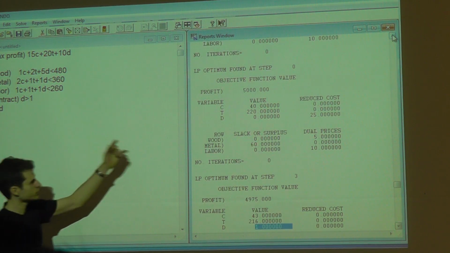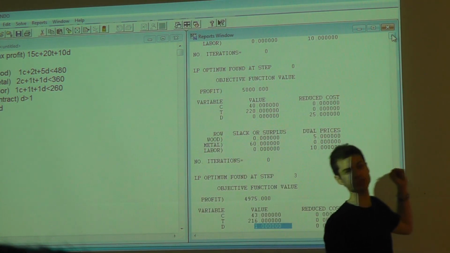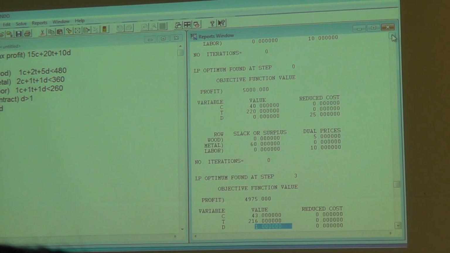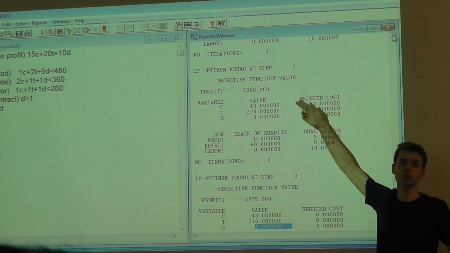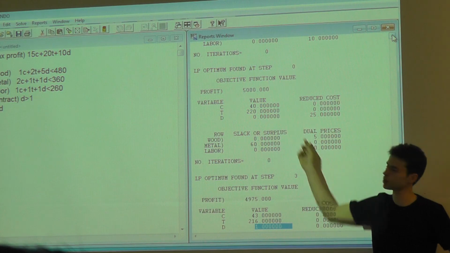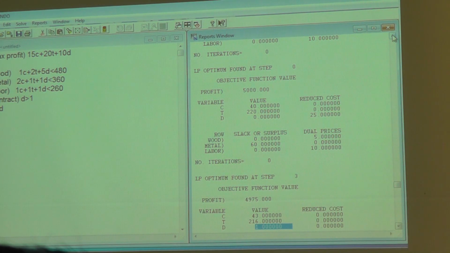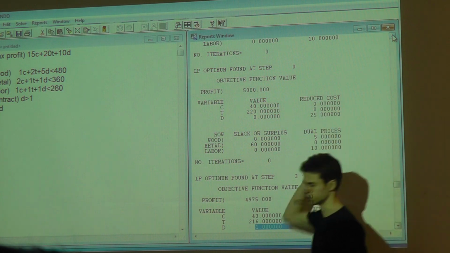And now it's quite easy to understand why these reduced costs are zero. Because in this problem you do produce 40 chairs and 220 tables. So if somebody imposes on you a contract to produce at least one chair, well, no problem, you already produce it. You incur no loss.